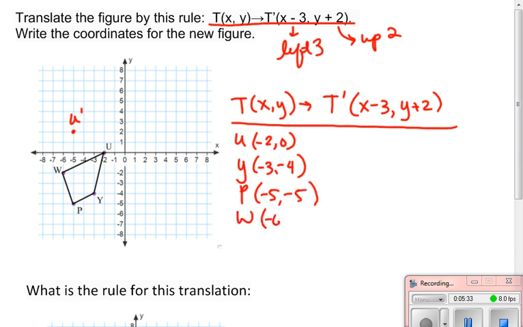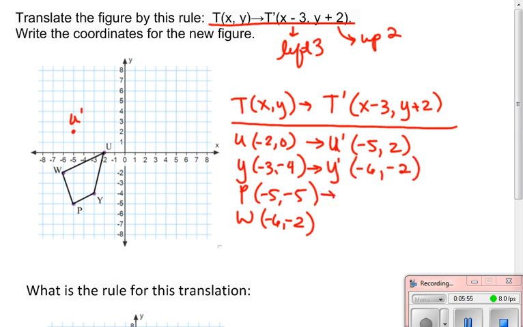W is at (-6, -2). So if I take -2 minus 3, I'm at -5. 0 plus 2, I'm at 2. -3 minus 3 for Y prime is -6. -4 plus 2 is -2.